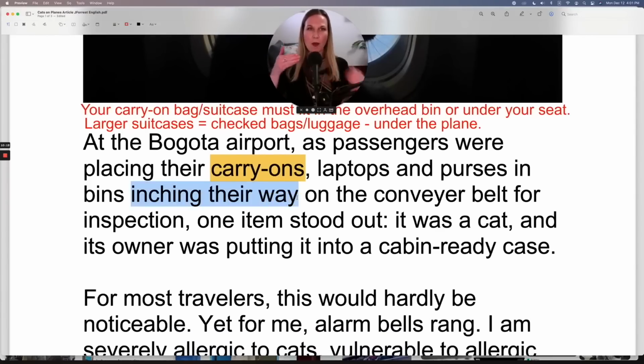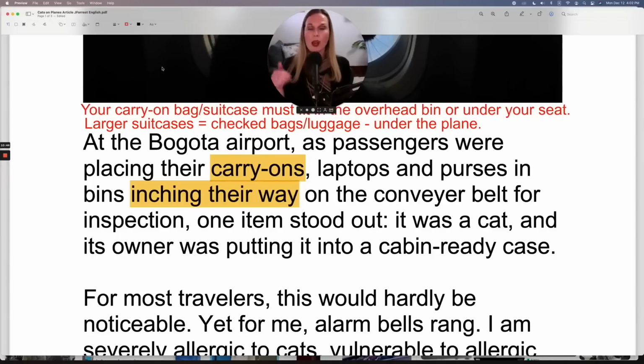Inching their way. So an inch is a very small amount. So if I say I'm inching my way, it means I'm making slow progress. So if you said, I'm inching my way towards the exit, it means the line is going very slowly.